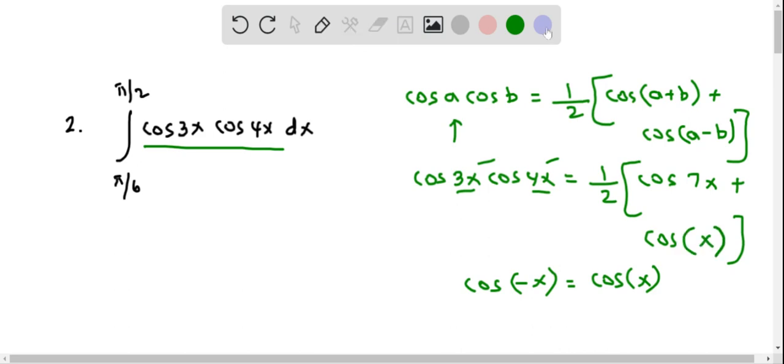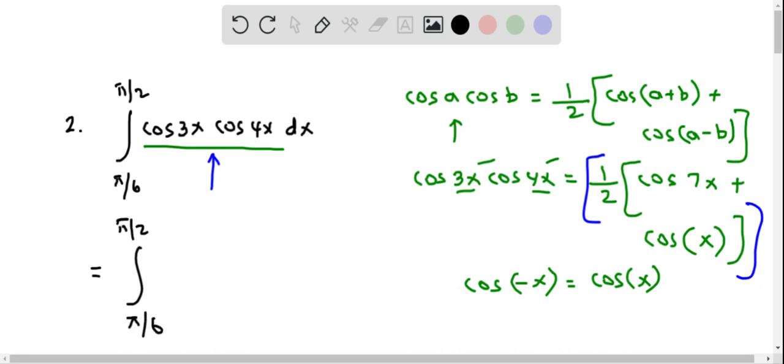And so we are going to replace cosine 3x cosine 4x with this expression. So let's do that. And so this gives the definite integral from pi by 6 to pi by 2 of half of cosine 7x plus cosine x dx.